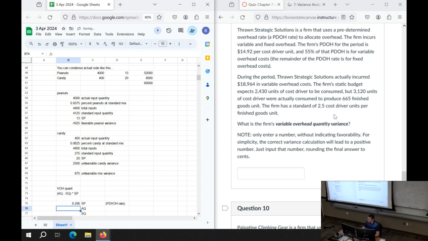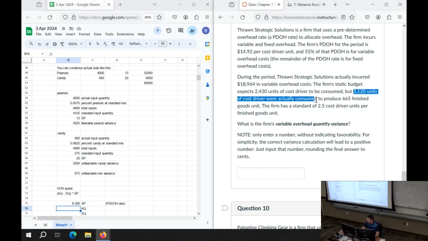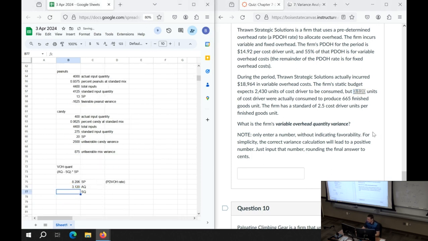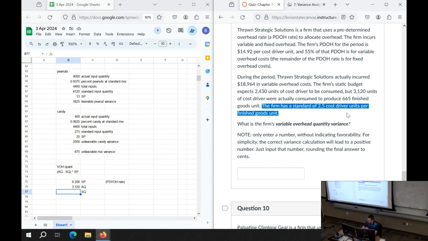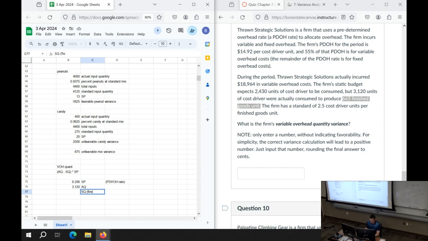Our actual quantity of driver consumed is often given to us. There we go, 3,120 units of cost driver were actually consumed. Great, we can just copy that over. Now, SQ is going to require a little bit of help. We have a standard of 2.5 cost driver units per finished goods unit, and we actually produced 665 finished goods units. The standard quantity we want for the quantity variance is always the flexible budget standard quantity: what we would have budgeted if we knew actual production was 665 units.